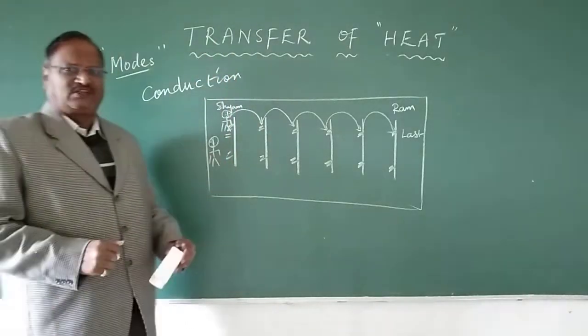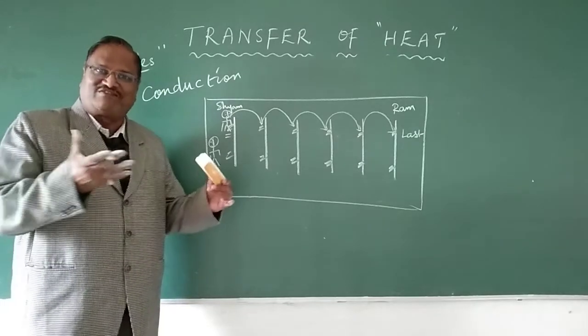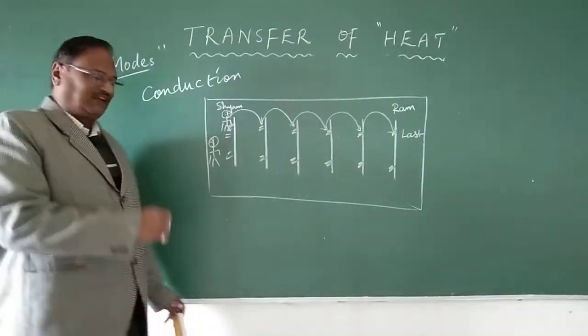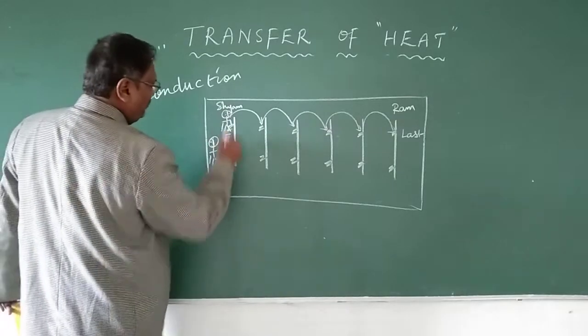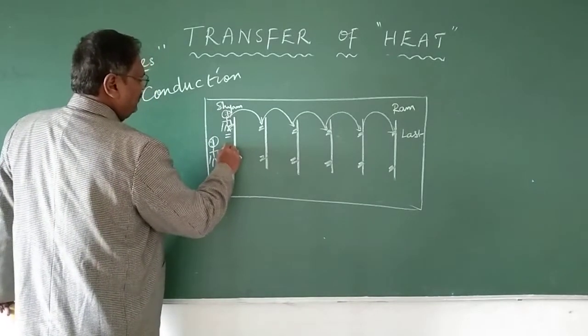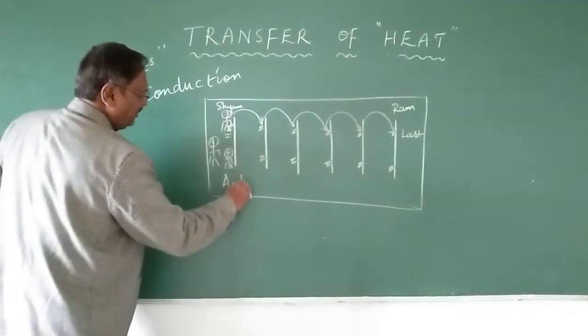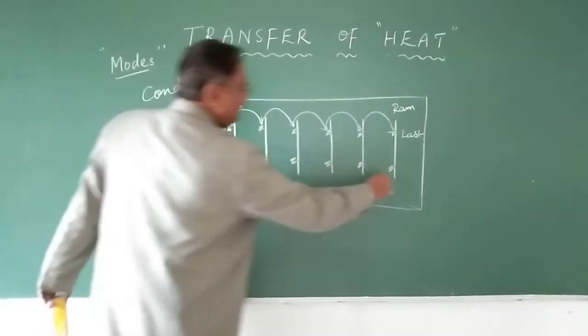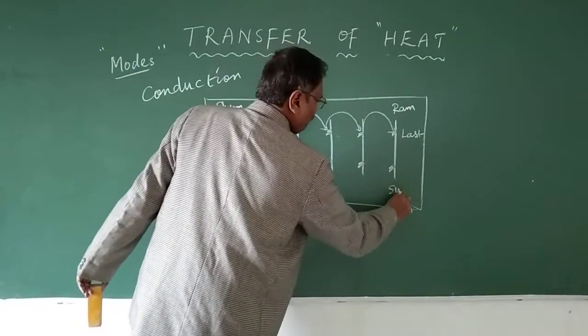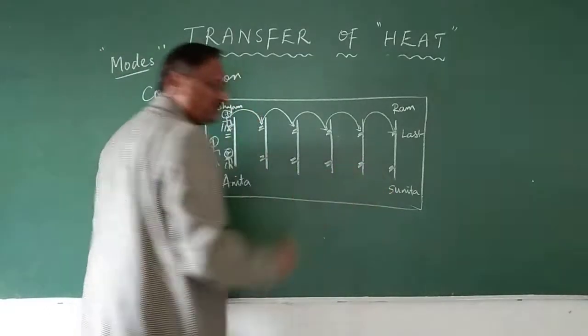Now think, I say to them, come on, do by the process of convection. Okay, now let us say I take some nice girl's name, Anita. Okay, Anita, and here who is sitting? Sunita. And it has to go from Anita to Sunita.